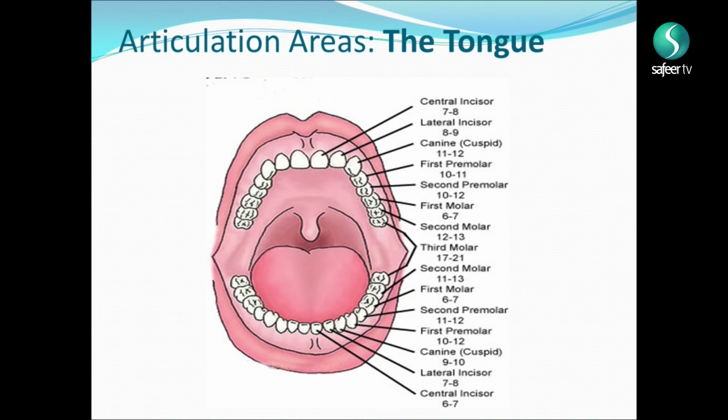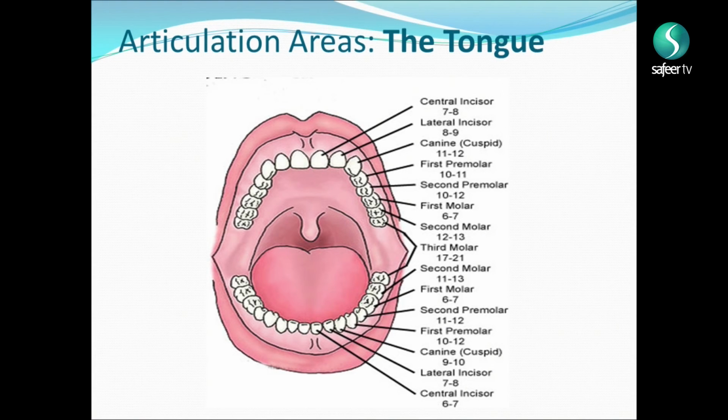And then we have canines, four, two in the upper jaw and two in the lower jaw. And then we have the first premolar, four again. And then the second premolar, four, two in the upper jaw and two in the lower jaw. And then we have the first molar, as you see there, and then the second molar, and then the third molar. And of course we also have wisdom teeth, which come after the third molars.